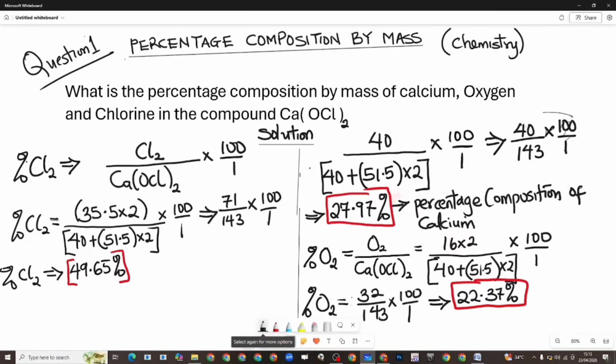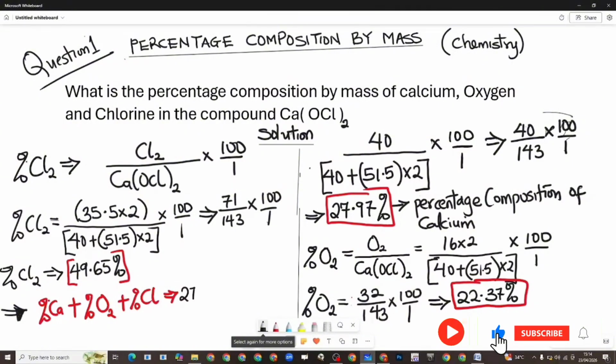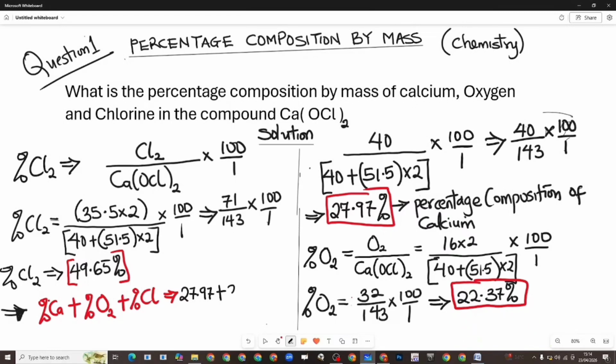For us to be sure that what we are doing is correct, we add them up to see if they give us either 100 or 99.9 something. So the percentage of calcium plus the percentage of oxygen plus the percentage of chlorine: 27.97 plus 22.37 plus 49.65.